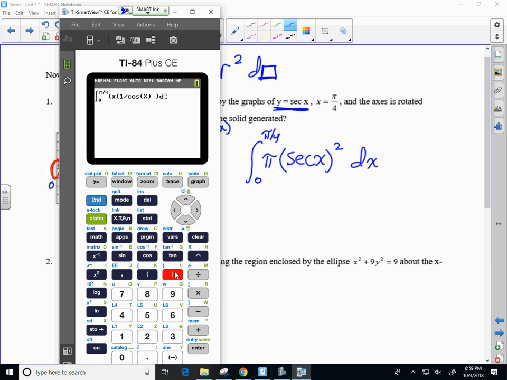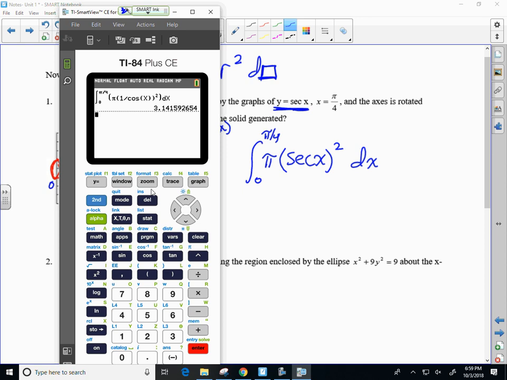Or you could use your y function, I have it in y2, to get it. Squared, dx. So I close parentheses here for the cosine function, then I close parentheses again for the 1 over cosine. That's the only thing that should be squared. Everything else is remaining within the integral.